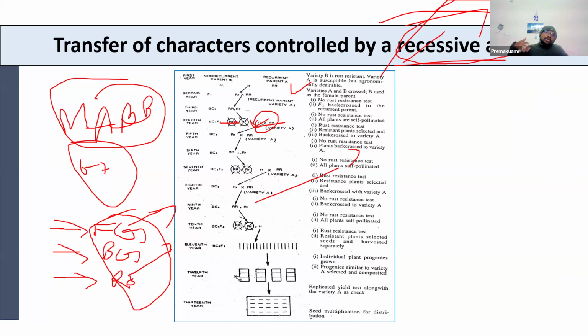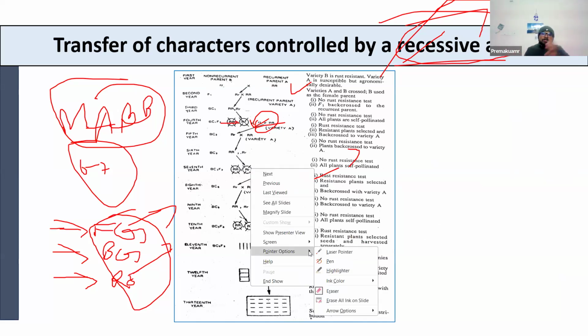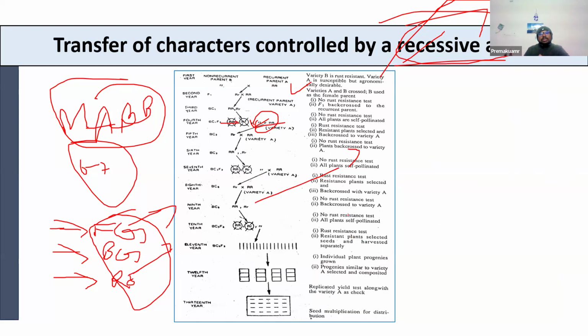That may take some more years to recover the recurrent parent genome. After a single backcross, you keep on selfing up to F9, F10, you may get it, but the chances are very less. You need to handle a large population to maintain that.